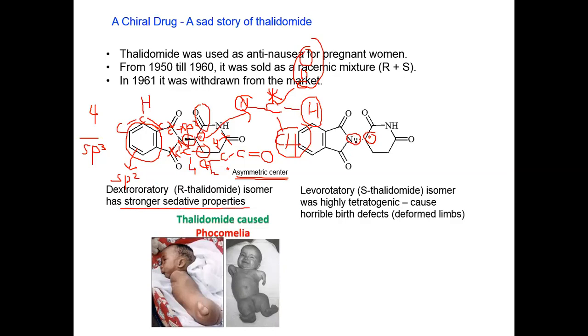But when you have the dotted wedge, it is teratogenic, causing horrible birth defects, deformed limbs. So if, let's say, a woman consumes this drug, which has both of these compounds in the same drug, the drug has sedative properties. At the same time, this pregnant woman who takes this medicine gets deformed limbs. So the child in the womb is born like this. So that's the effect of the mixture here.